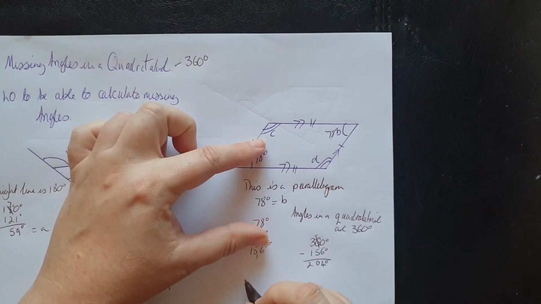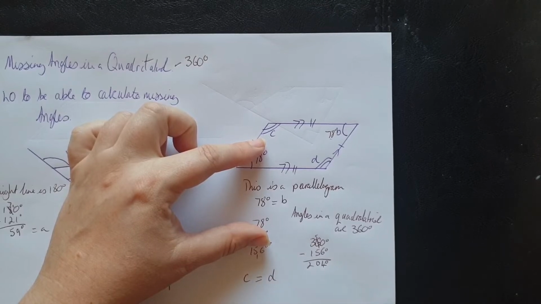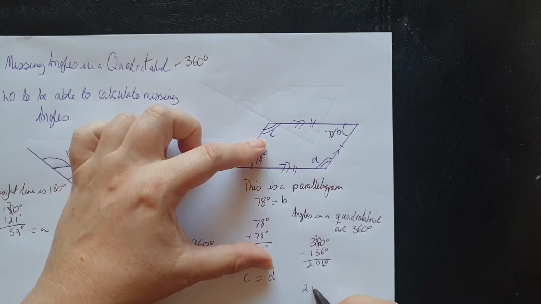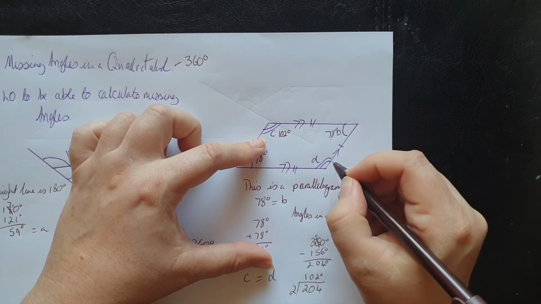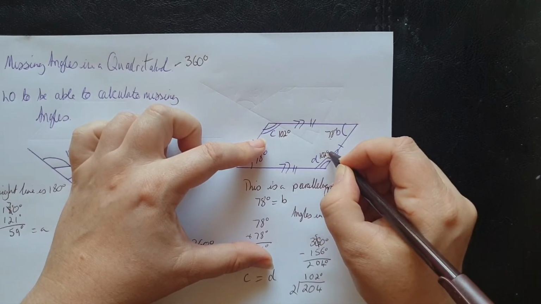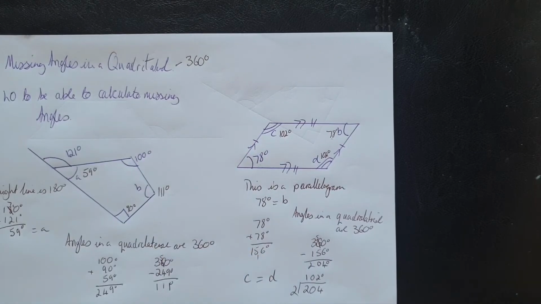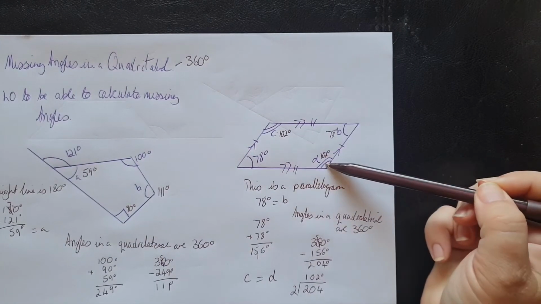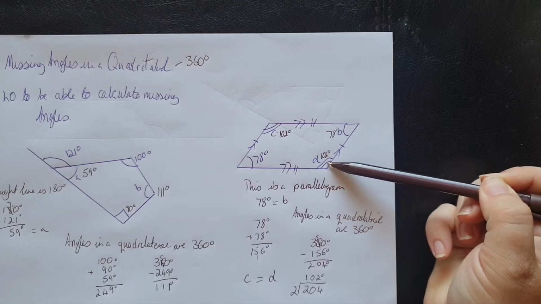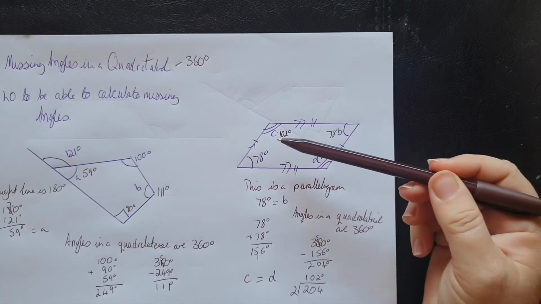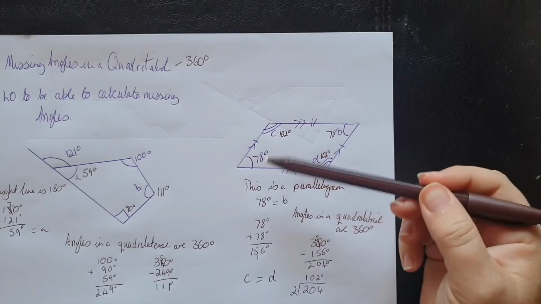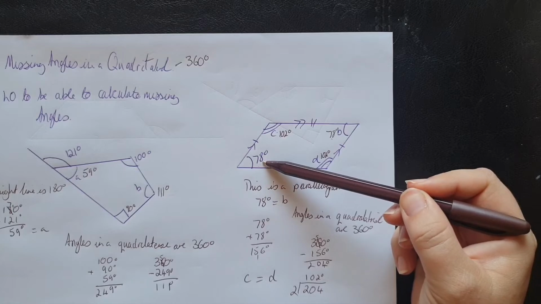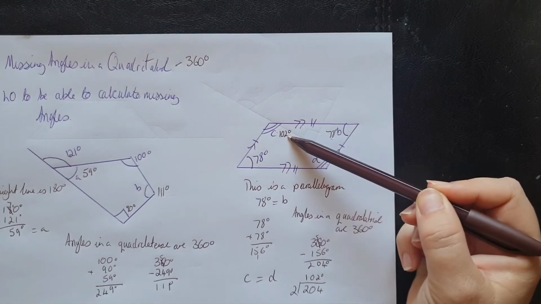And because C is equal to D, we can take that 204 and divide it by 2, giving 102 degrees each. Because, again, those two angles are equal, we know this because of the notation, double, double. And again, sometimes they might put the same letter twice. But then we can do a quick check that 78 plus 102 takes us to 180.